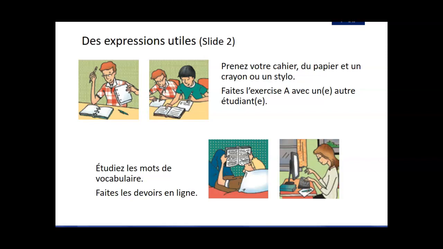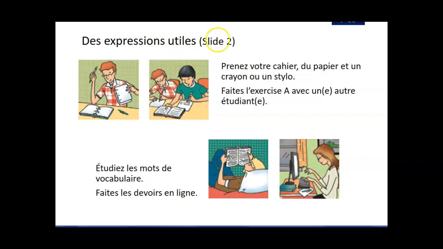So take your notebook. Du papier. What do you think papier might be? Paper, of course. It's really similar to what we would see in English. Et un crayon. A crayon is going to look like crayon to us, of course, but it's actually not a crayon. This is another example of a false friend. So crayon is going to be a pencil ou un stylo.